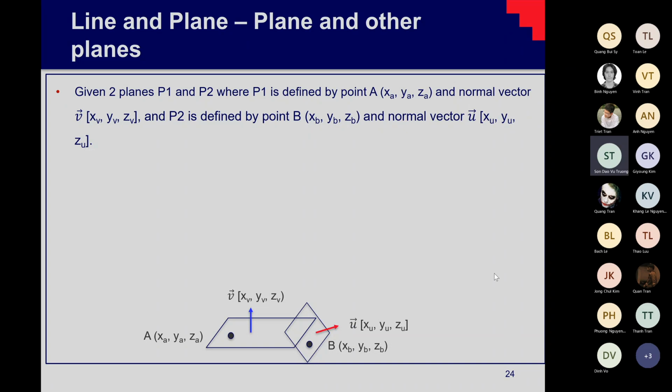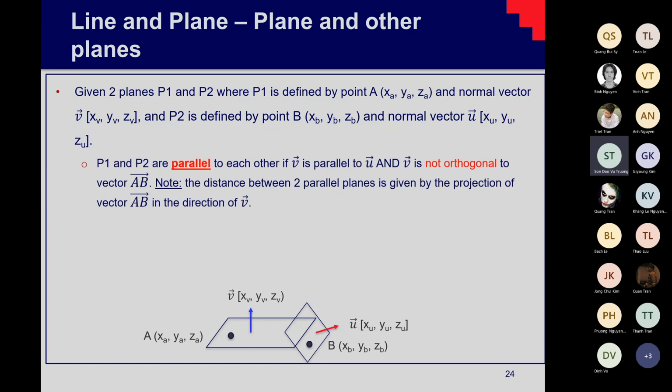So we have three possible alternatives. First, P1 and P2 are parallel to each other if vector V is parallel to vector U, and V is not orthogonal to vector AB. The distance between the two parallel planes is given by the projection of vector AB in the direction of vector V.